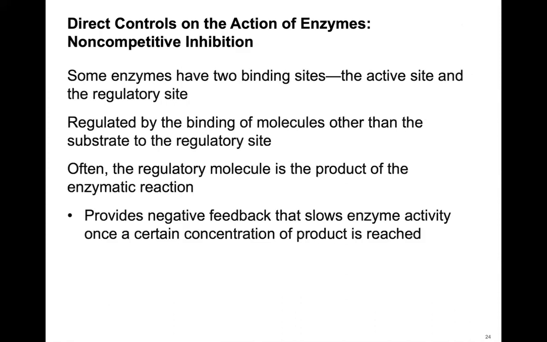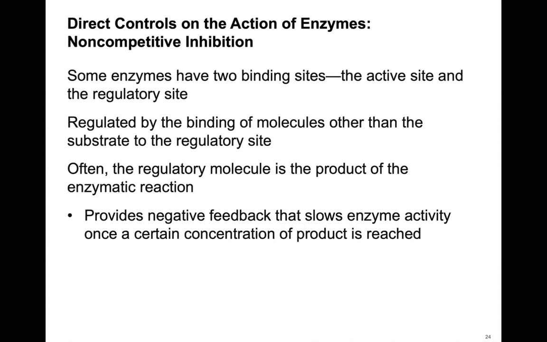Non-competitive inhibitor: what happens here is that instead of the inhibitor binding to the same active site as the substrate, the non-competitive inhibitor binds to some other site on the protein, which is referred to as an allosteric site.